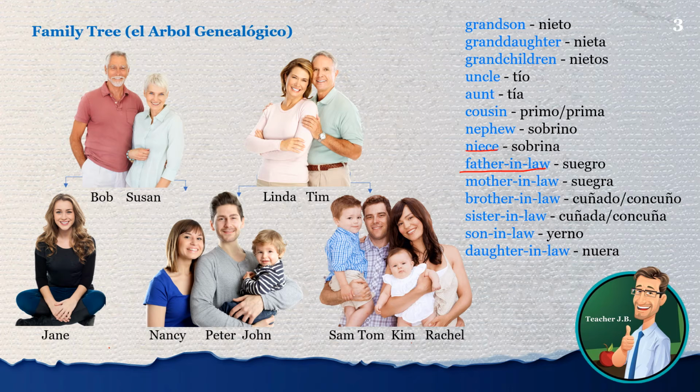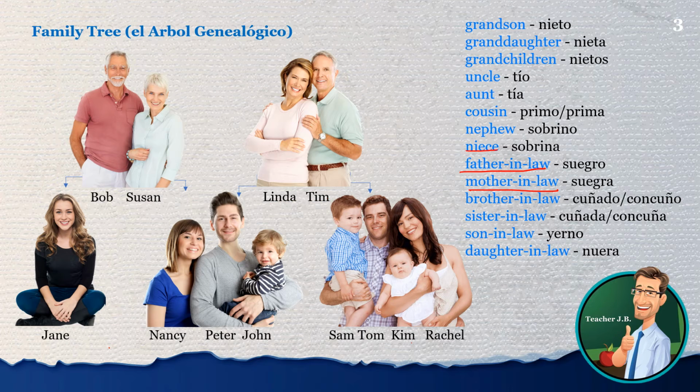Father-in-law. Okay, Bob is the father-in-law of Peter. Okay, and then Linda and Tim. Tim is the father-in-law of Nancy and Rachel. Mother-in-law, Susan is Peter's mother-in-law. And Linda is Nancy and Rachel's mother-in-law. Brother-in-law.